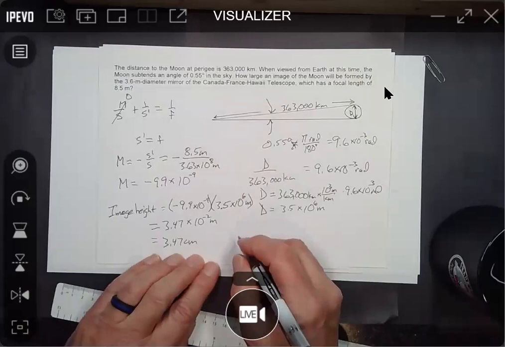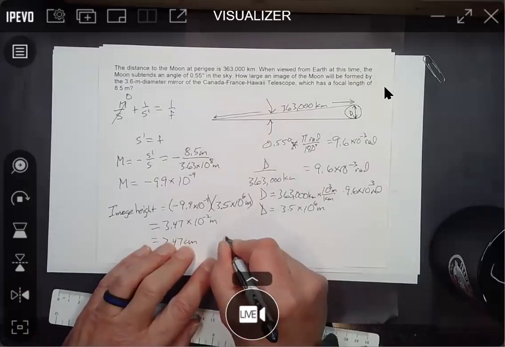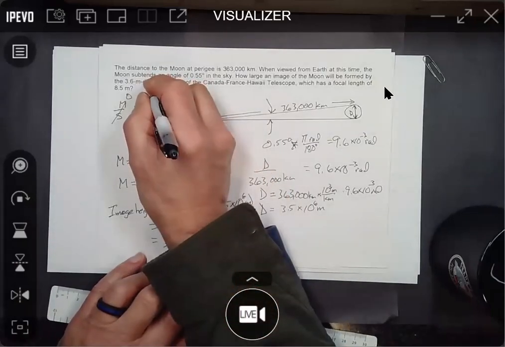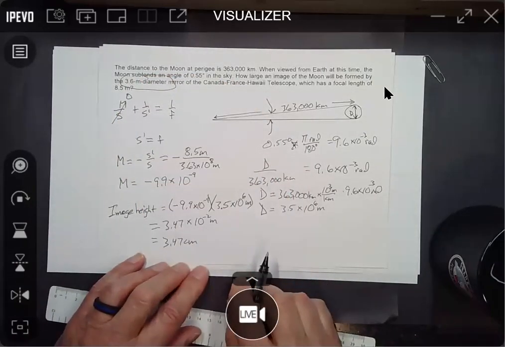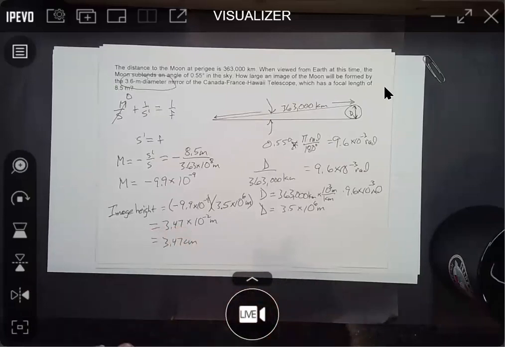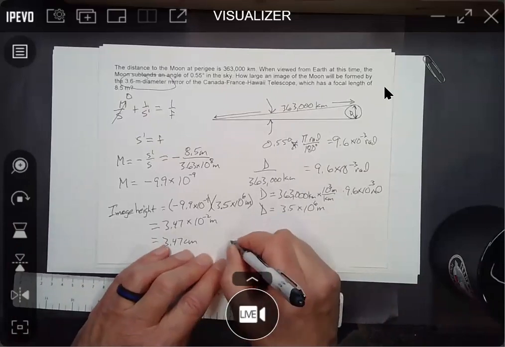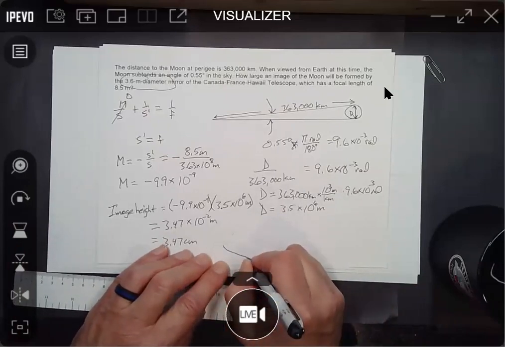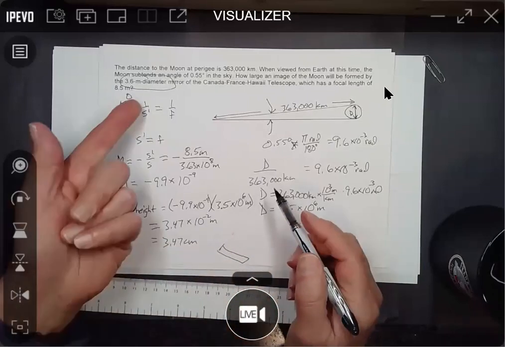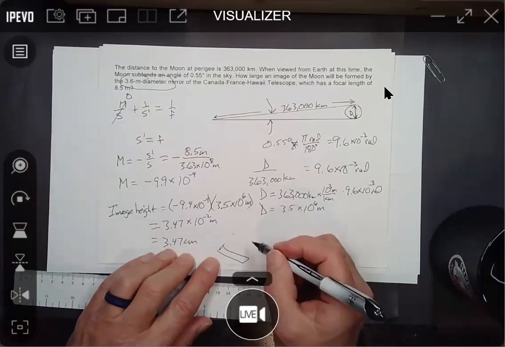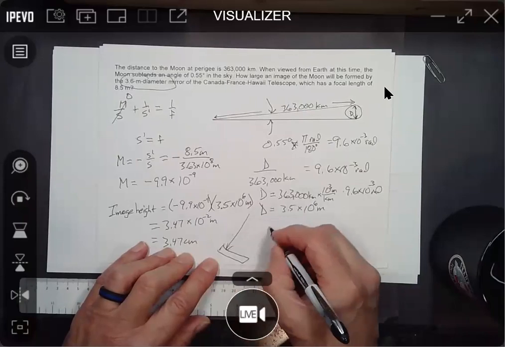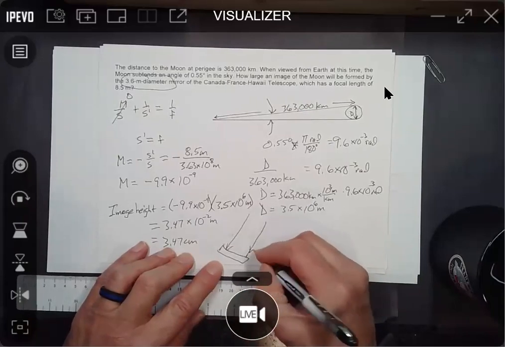Here's what you do with a telescope. Actually, this is a professional telescope, 3.6 meters in diameter. That's more than 10 feet. But anyway, if it was just a Newtonian reflector, what they're going to have at the focal point or near it is a camera, not an eyepiece.